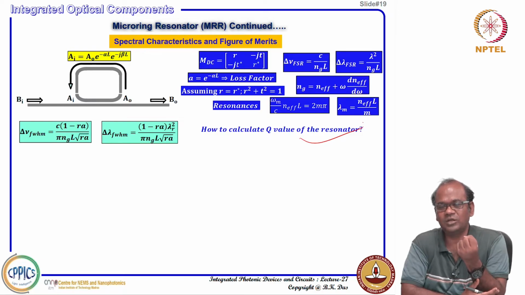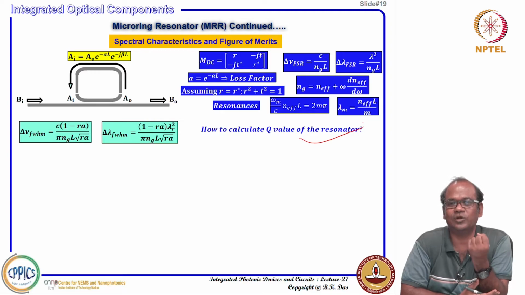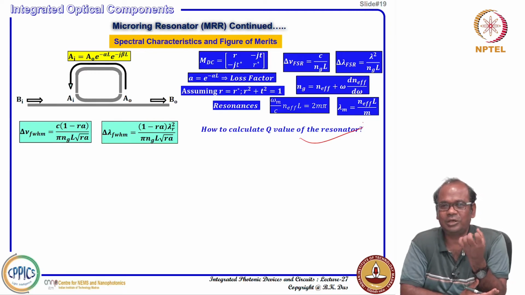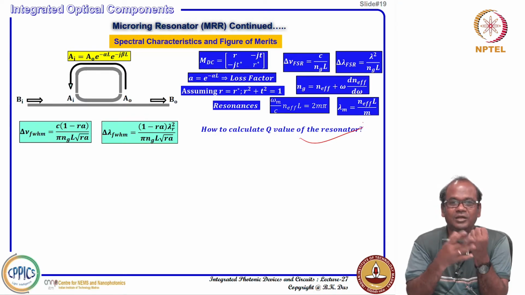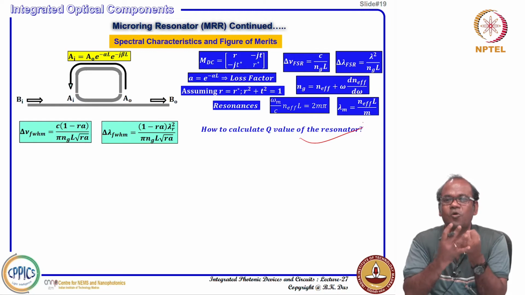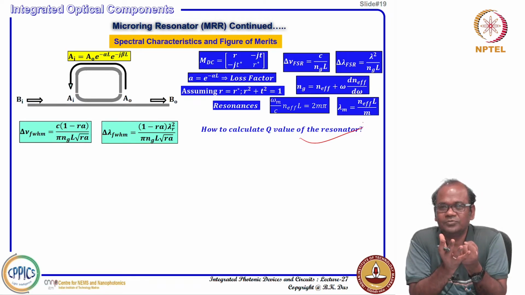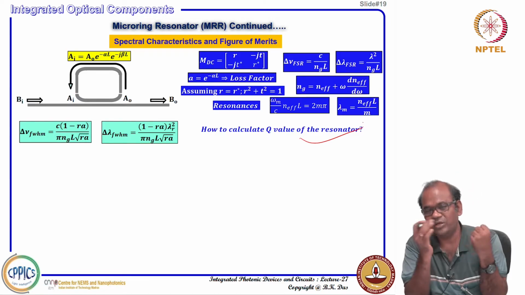The Q value defines how much capacity it has for storing energy at resonance. So, we introduce the Q value to justify how good the resonator is. Higher Q value means the resonator has a capacity to store more energy. That is how we define it.